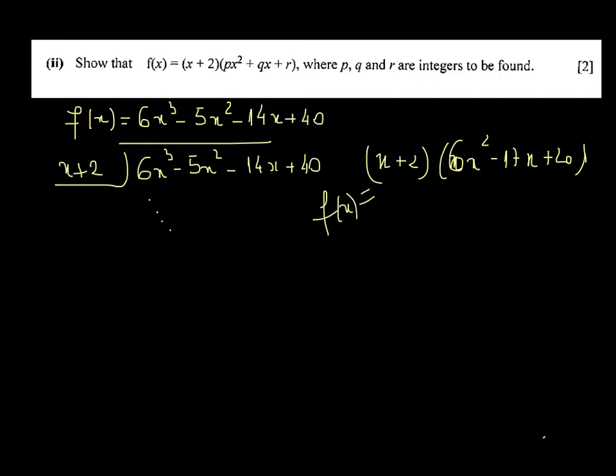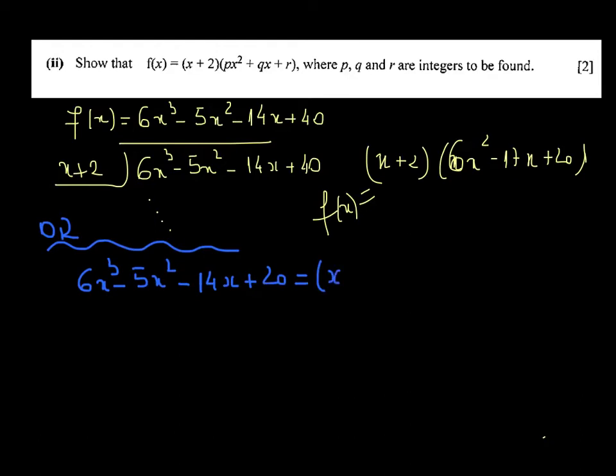Another method could be, you just need to write 6x cubed minus 5x squared minus 14x plus 40 as x plus 2 bracket a quadratic. What's the coefficient of x squared?